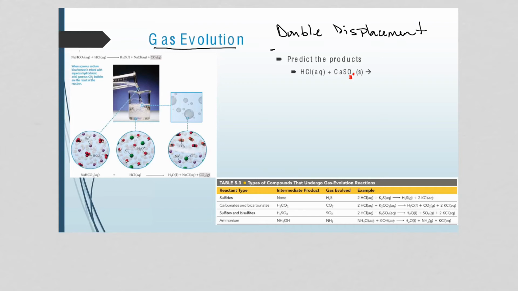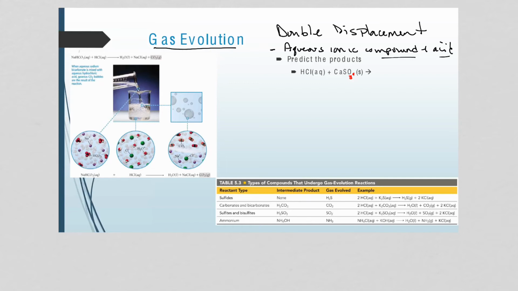So let's look at some of these. So again, this is going to be the reaction between an aqueous ionic compound plus an acid. Now, these reactions fall into 2 basic types.